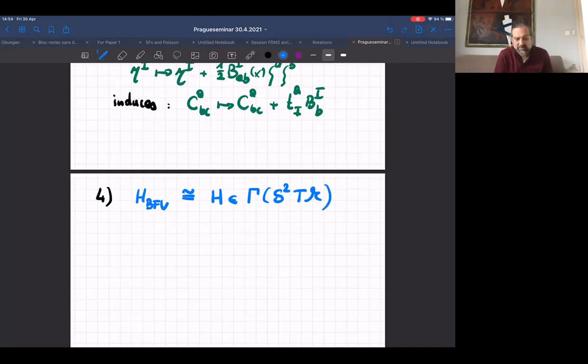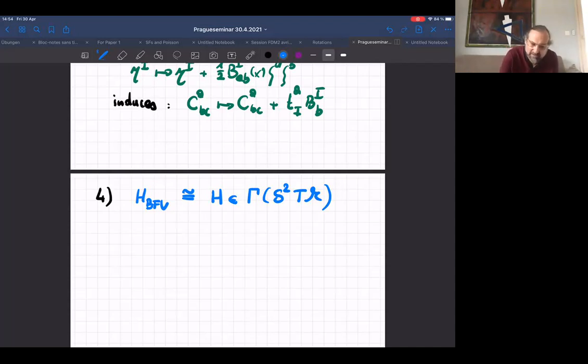That's a consequence of this choice of BFV charge, that it doesn't change the number of momenta, so we will always stay inside this with any extension, or we can add something in some other degrees, but it will not talk to the original classical Hamiltonian H.